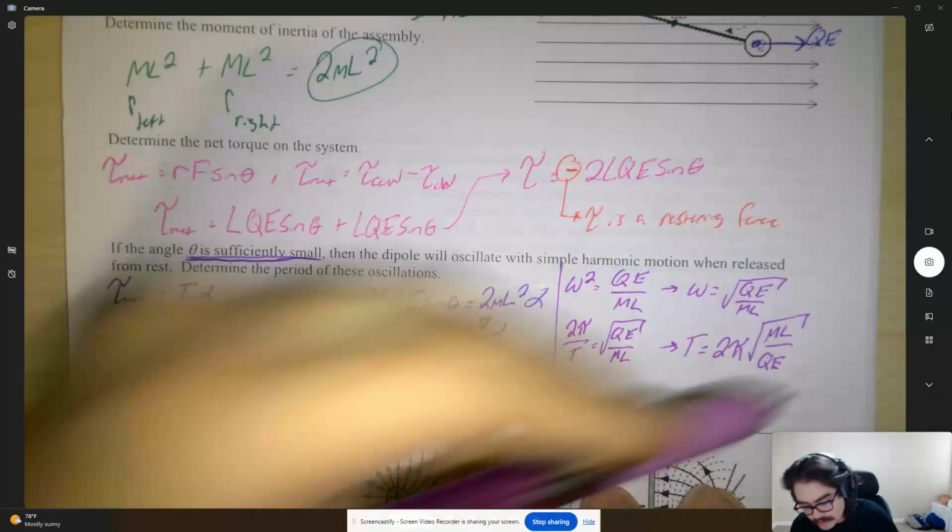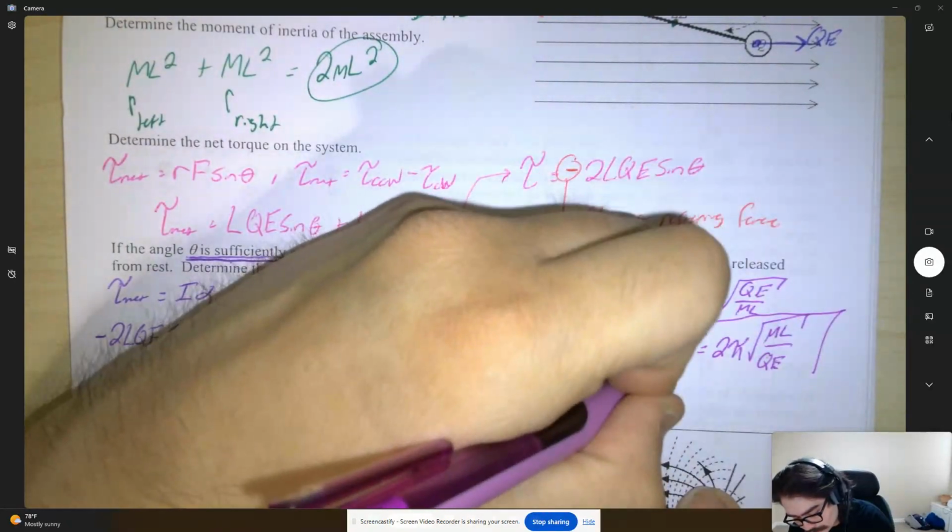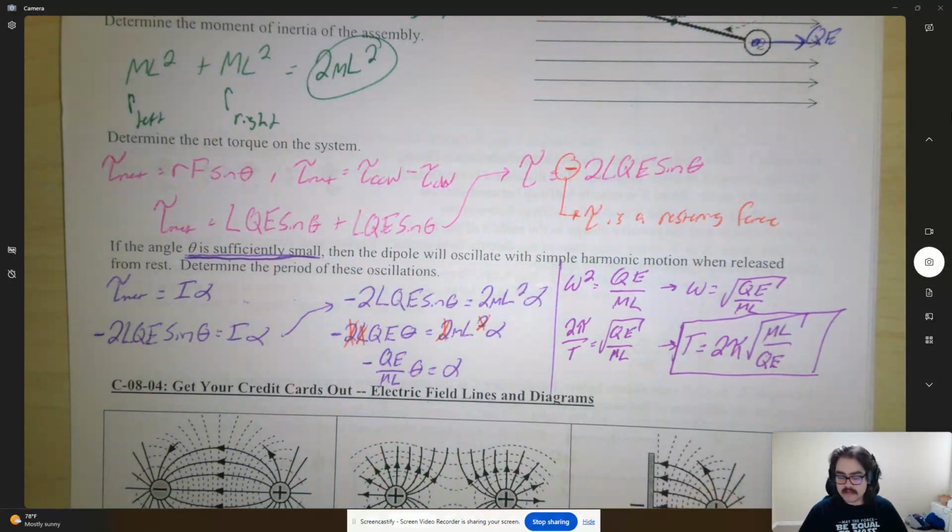So that's going to be the period of the oscillations. All right, that is section 3.